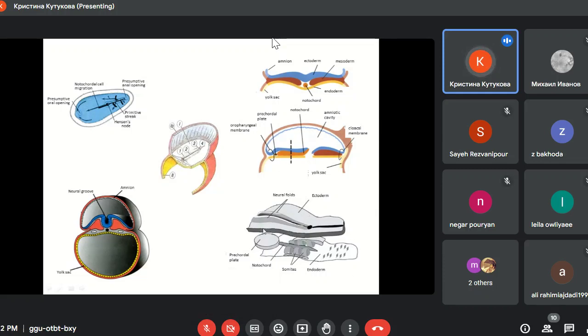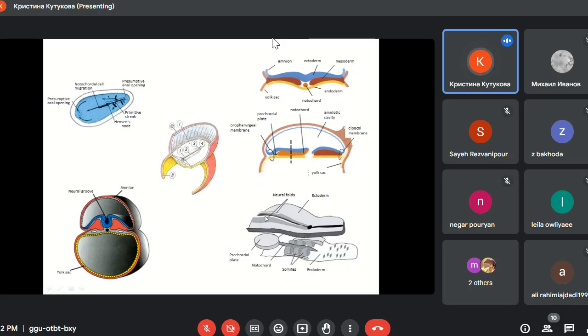The same is here. Here the ectoderm is kind of removed from the underlying mesoderm and endoderm. So what we see here, ectoderm, the neural tube just starts to develop, so the process of neurulation takes place here. This is the same stage that is here. So neural groove is formed, and here it is also formed.